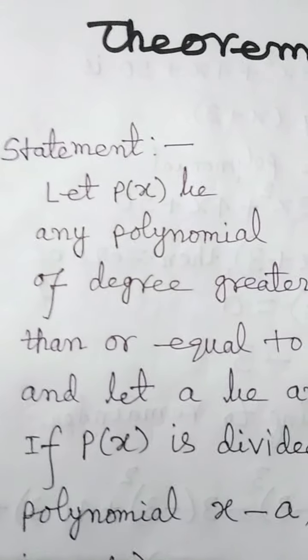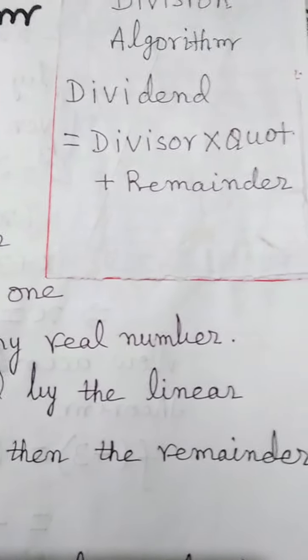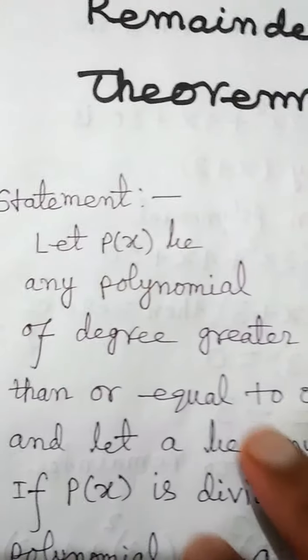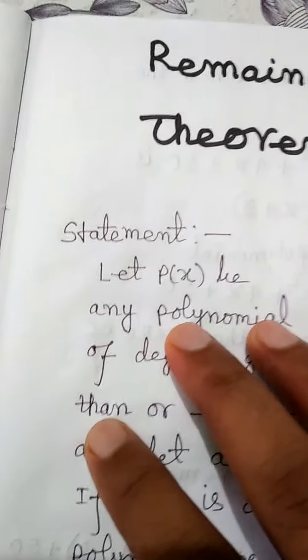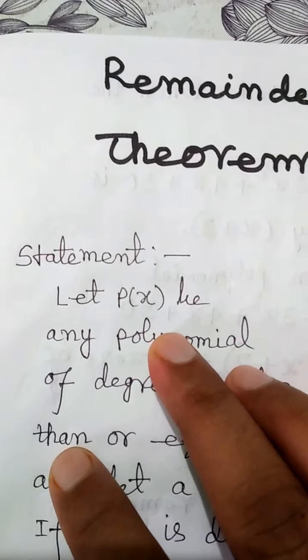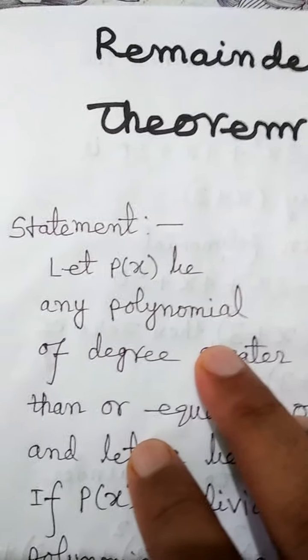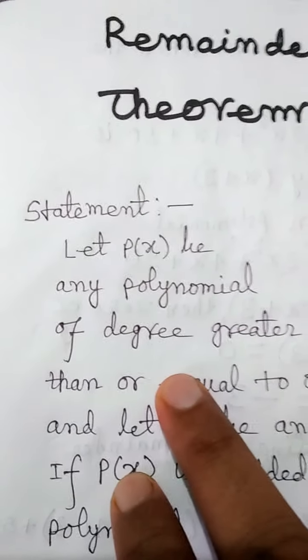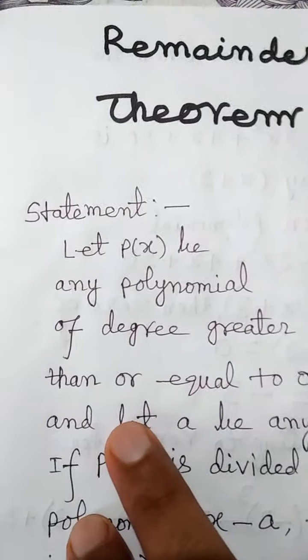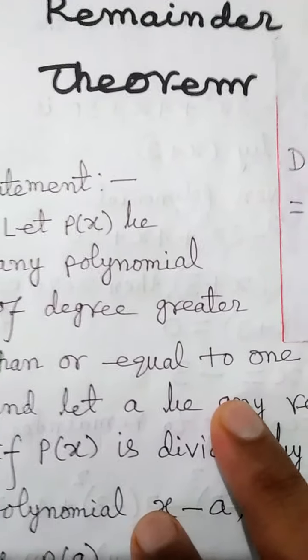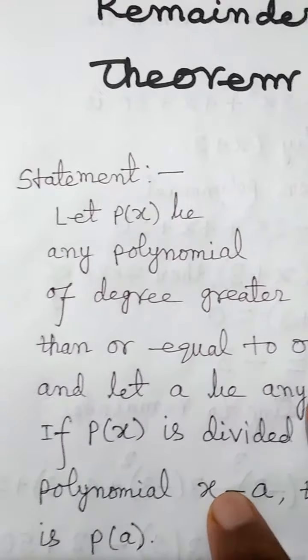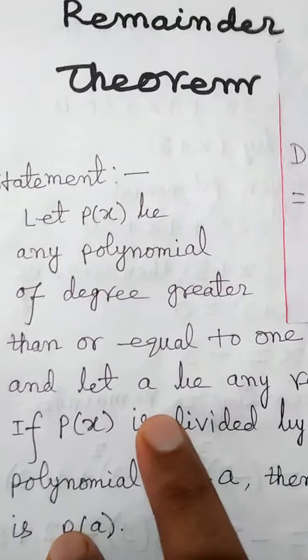Now try to understand the statement of remainder theorem. It tells us that let P(x) be any polynomial of degree greater than or equal to 1, and let a be any real number.